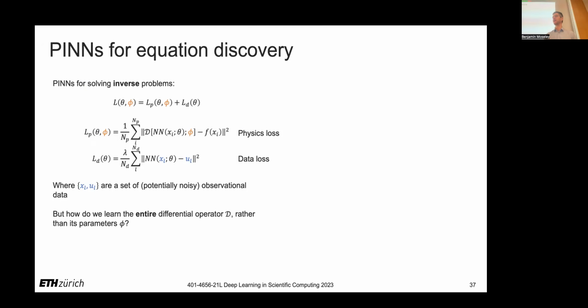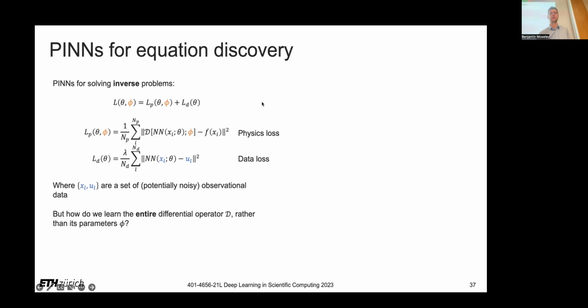Like I said in the first lecture, that's traditionally depended on our remarkable human intuition. And the question is, as AI and machine learning get more and more advanced, can it start to learn these laws itself? You can use PINNs to do this in a very specific way, which I'm going to describe.